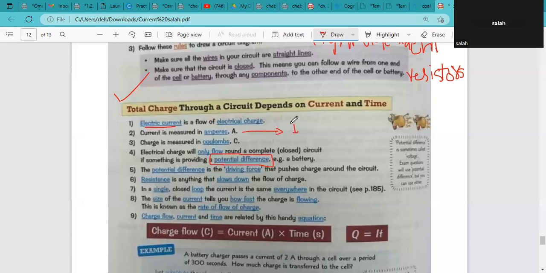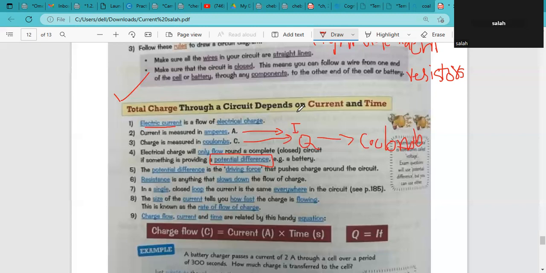We symbolize charge by Q, and its unit is coulomb. It's the name of a scientist, Charles Coulomb.